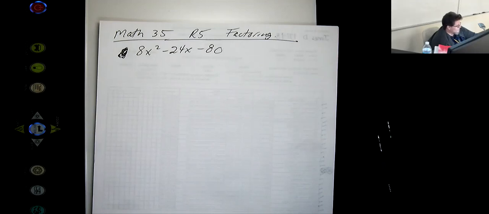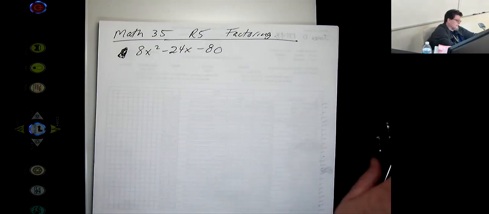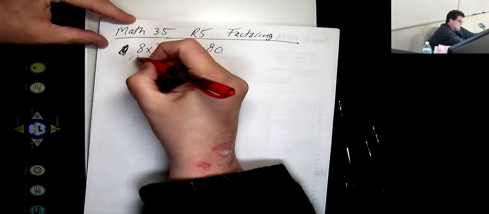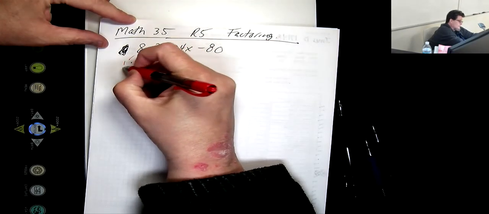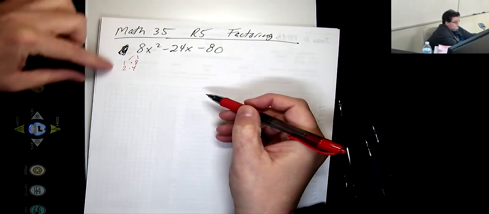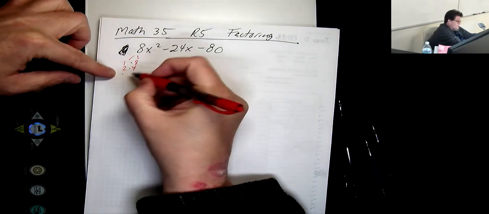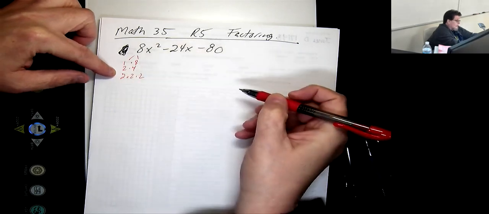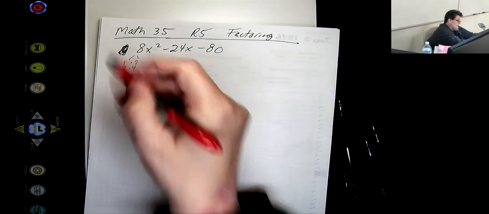Maybe I could start checking bigger numbers. The way I'm going to decide what to check is this number can only be done as 1 times 8 or 2 times 4, and it could be 2 times 2 times 2 and only have a 4 total. So I know one 2 is already in it.